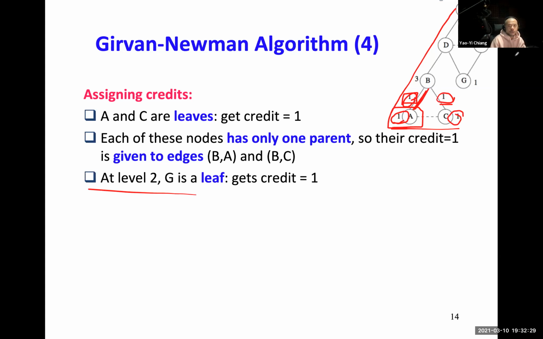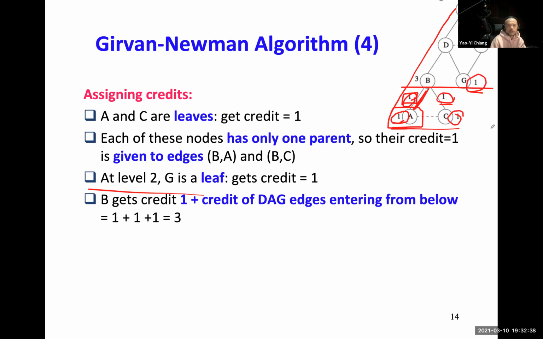At level 2, we start to look at level 2. G is the leaf node, so it has a 1. However, if you look at B, B is not a leaf node, which means there are shortest paths that will go past B to reach other nodes, right? So how many shortest paths are there?